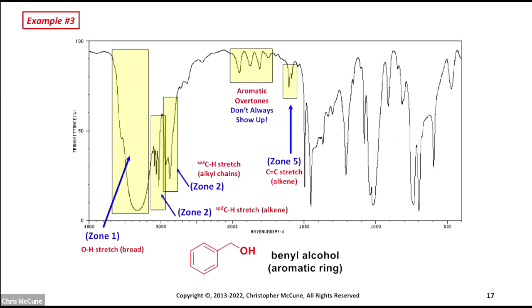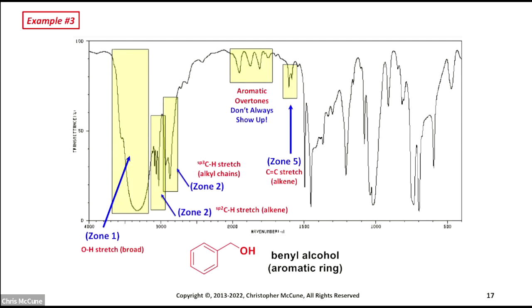Example 3 here is for benzyl alcohol. I just wanted to show you an example of an alcohol. If you look at zone 1 now, I've got this broad OH stretch, and the broadness almost covers up peaks in zone 2. Sometimes if you have water in your sample, it's going to cover up the entire region in zones 1 and 2.